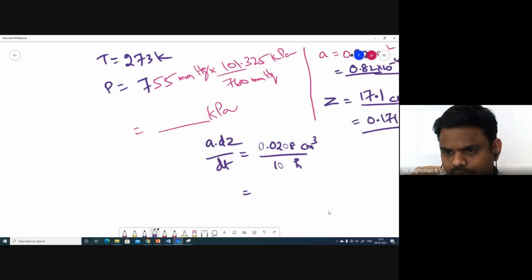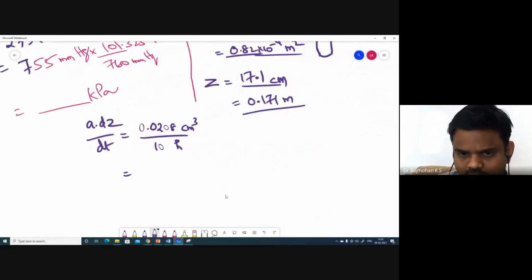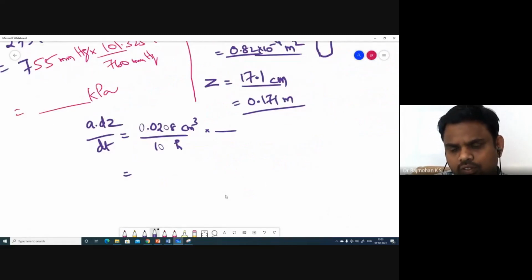Shall we convert to meter cube and second? We know that 1 centimeter cube is 10 power minus 6 meter cube. Okay, so it's 10 power minus 2 whole cube, so 2 into 3, 6, 10 power minus 6, we will get this value.